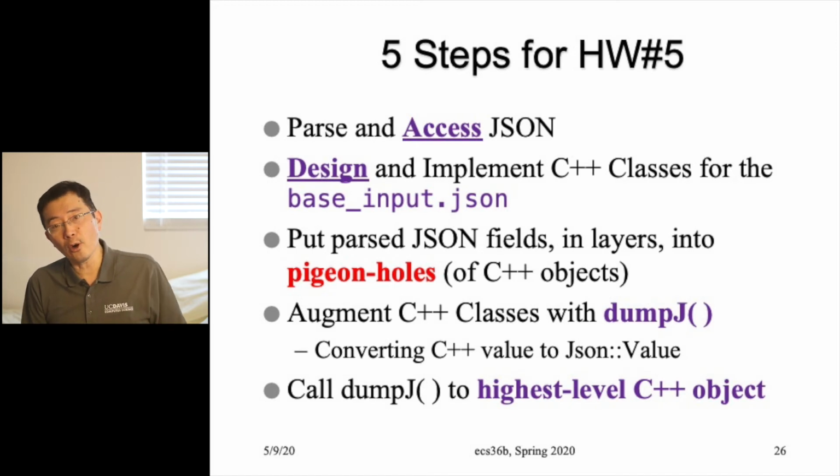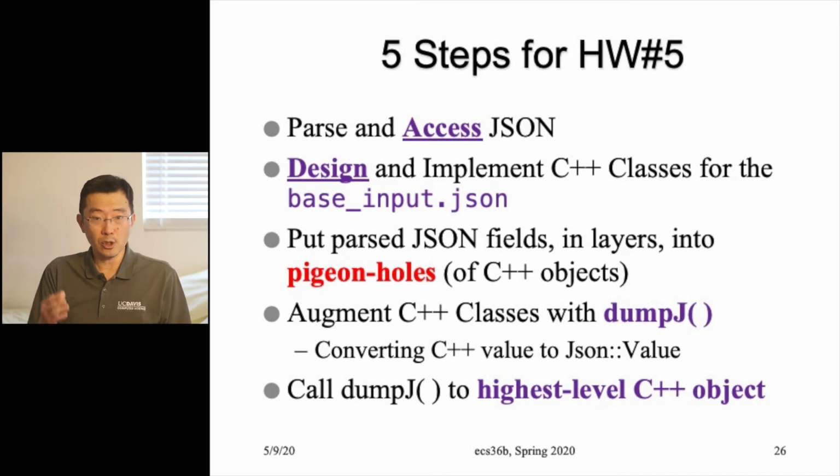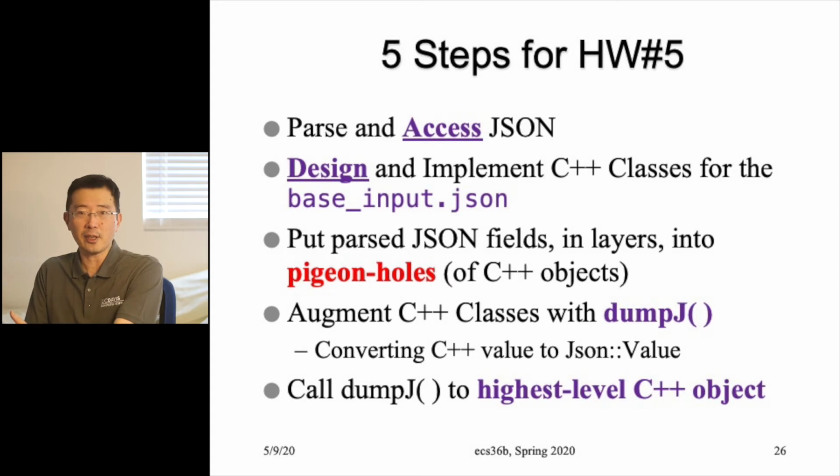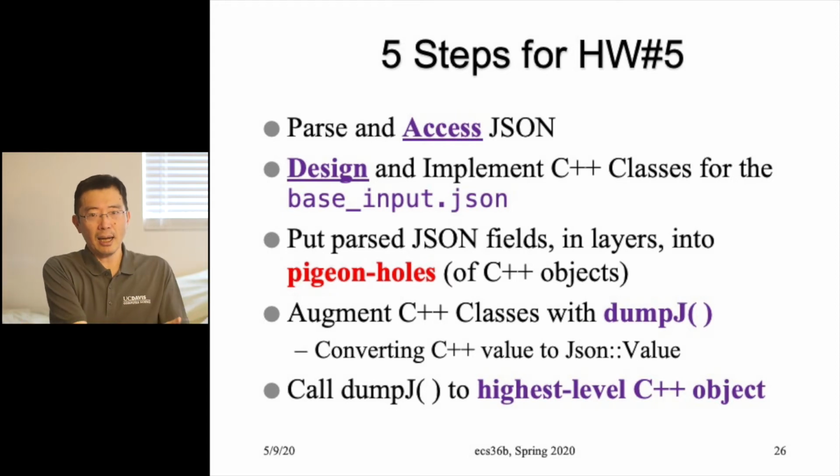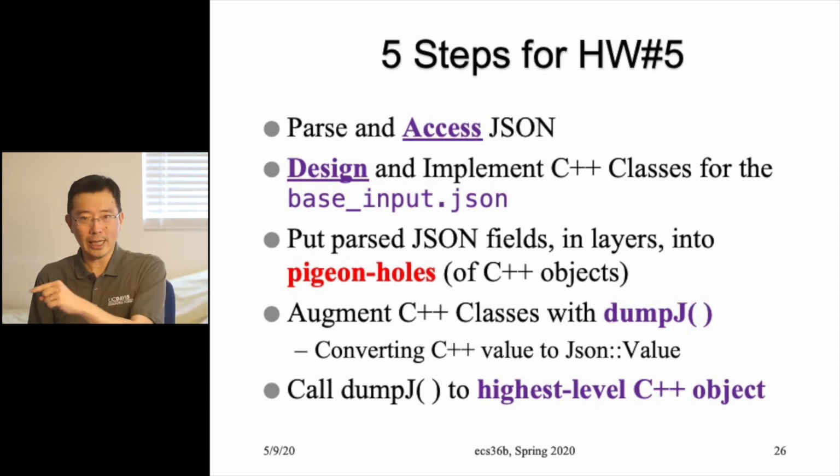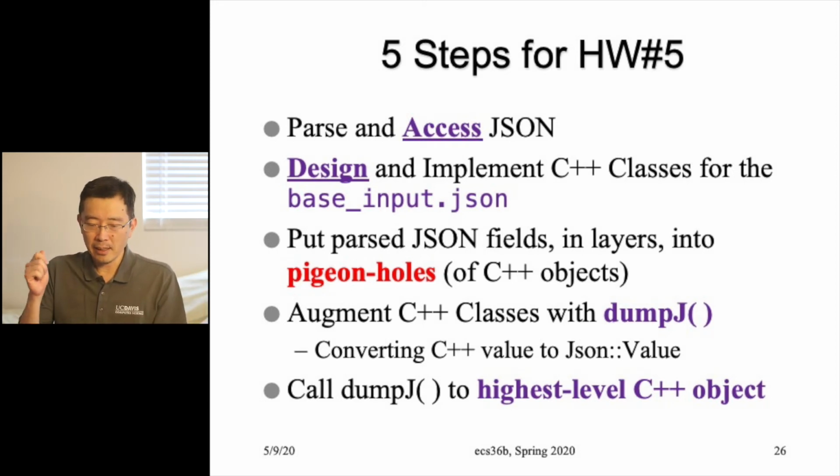And step number four is that, okay, now you create the C++ object, and then you have the JSON pigeonholed into each of the objects. But this is very important. The number four step is not hard. I'm going to show you how to do it.